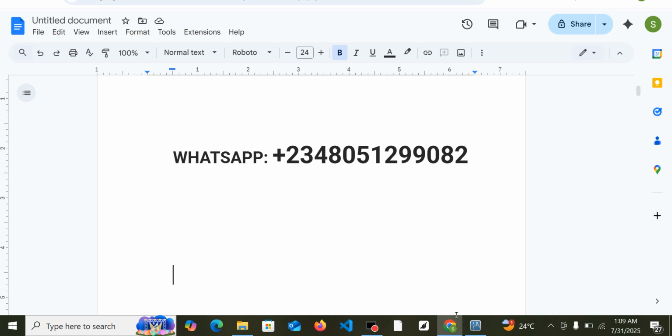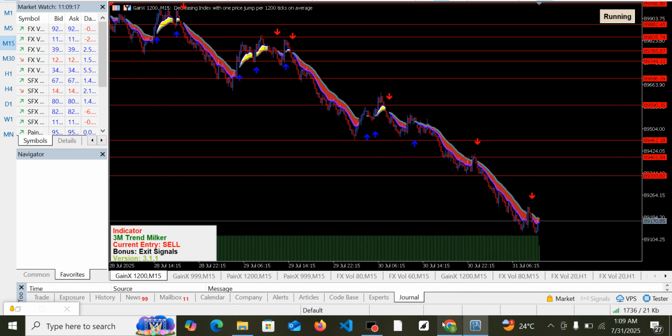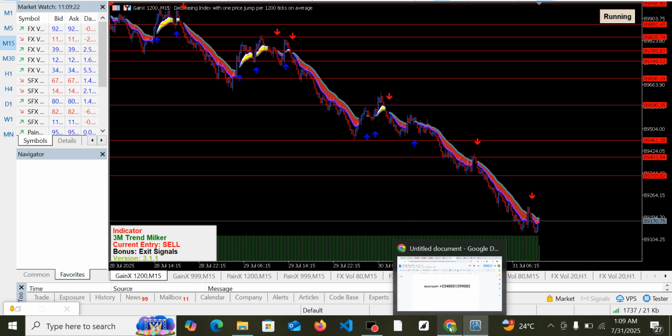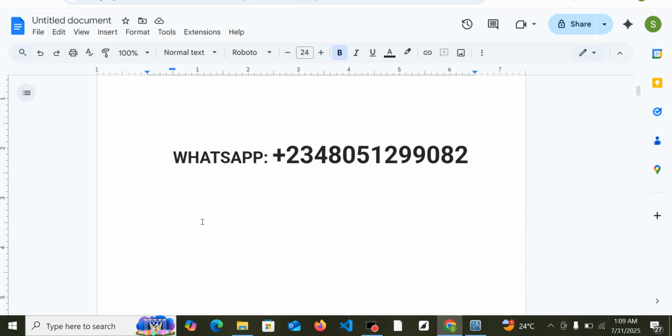Okay, so guys, let's go straight into what we have right here. Like I have always been telling you, there are three things that are very, very important whenever you are trading. The first one is your support region. Then the second one is your resistance, and the last one is also very, very important, which happens to be the trend.